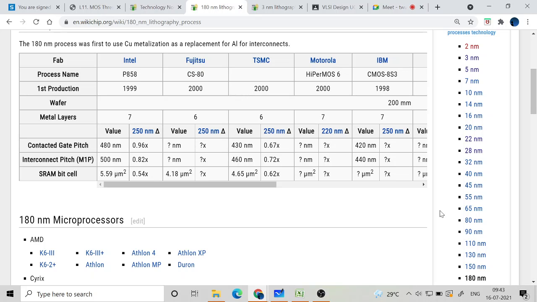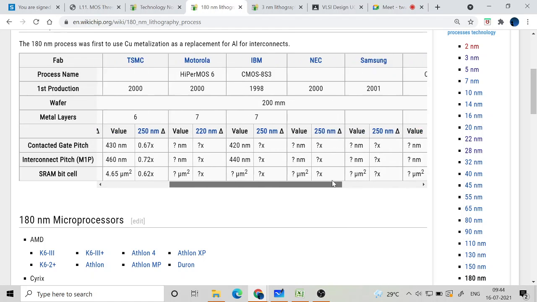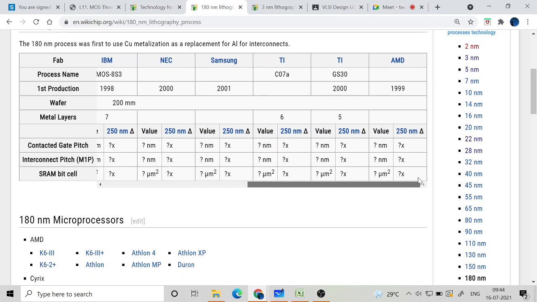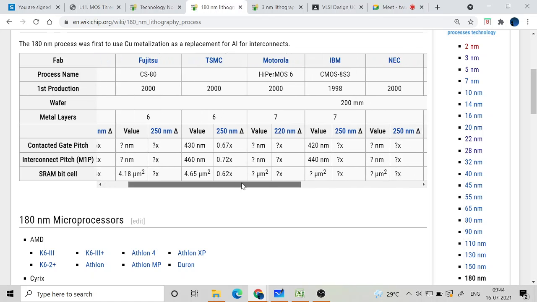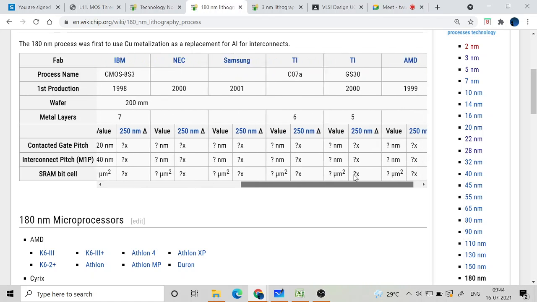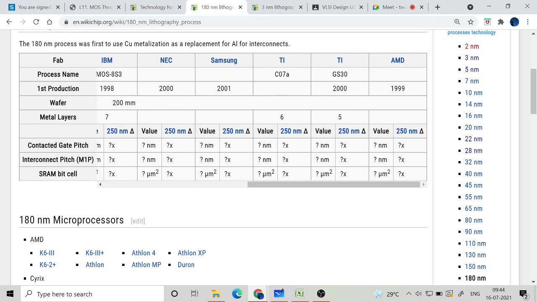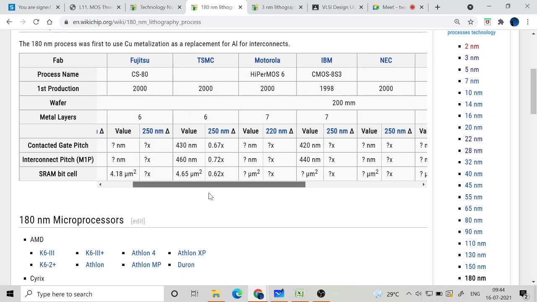He predicted that every 1.5 to 2 years, the transistor density in the chip will double. That trend you can see even till today. You can see all the companies like Intel, Fujitsu, TSMC, Motorola, IBM, Samsung, Texas Instruments, AMD.